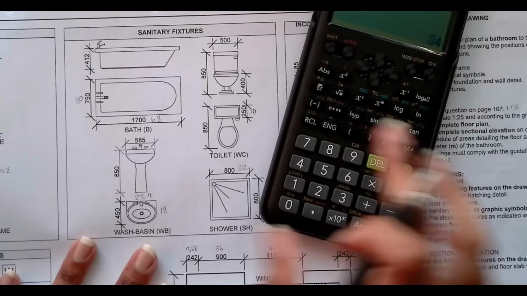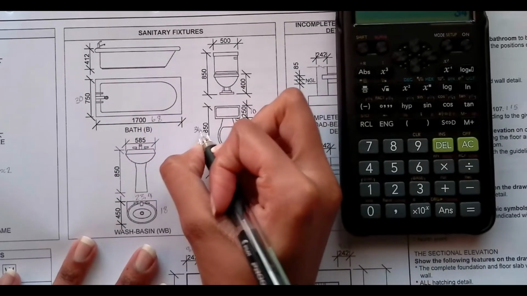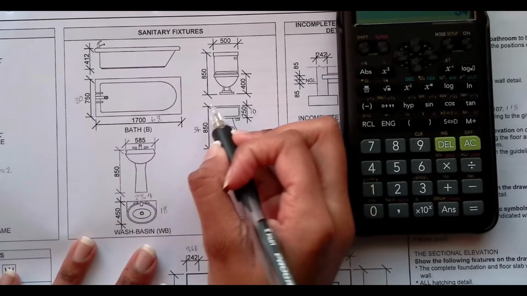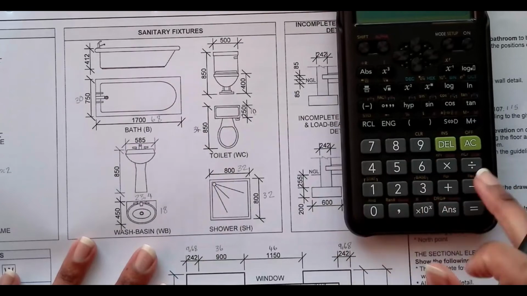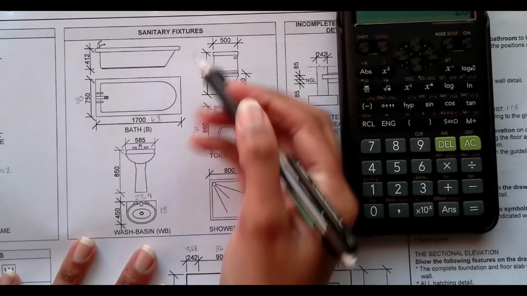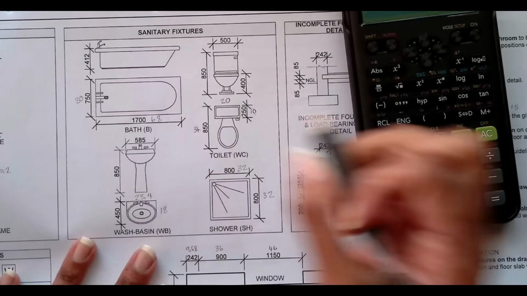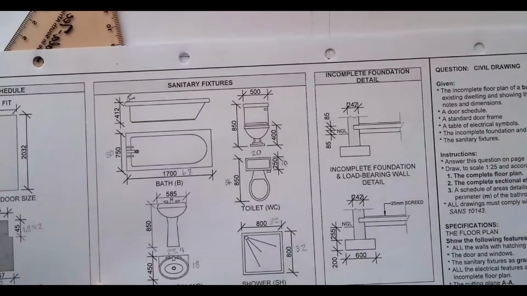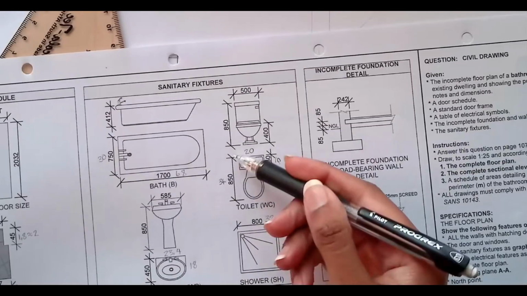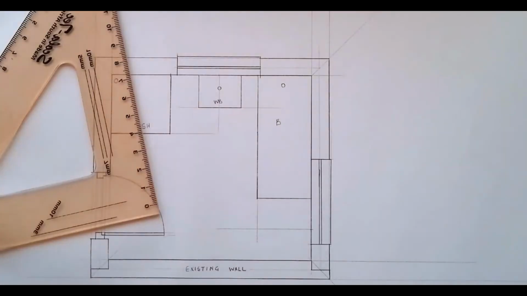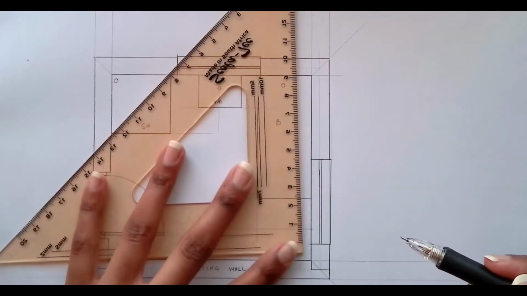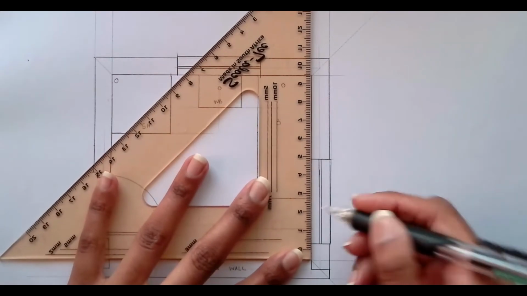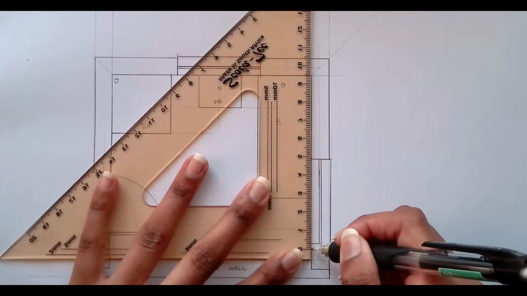Then 850, 34. Then our length here, it's that 500, which is 20. So we're going to go 10, 10 out and then go 4 across. So from the middle here, we're going to go 10 out on each side.